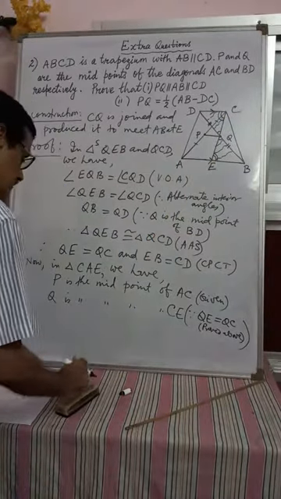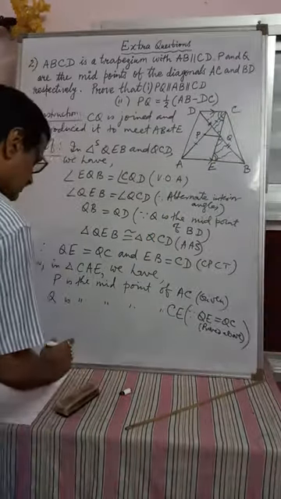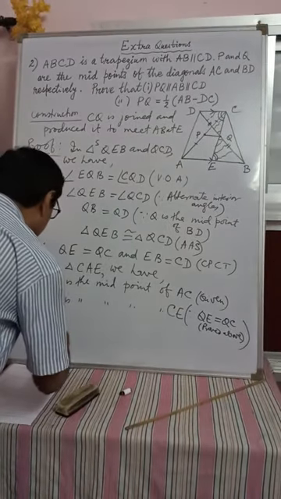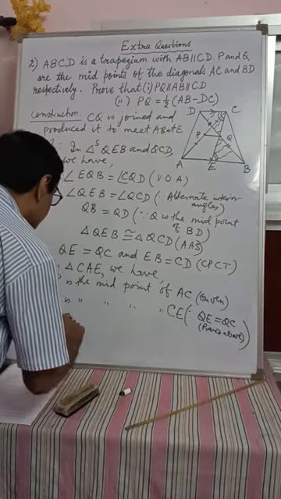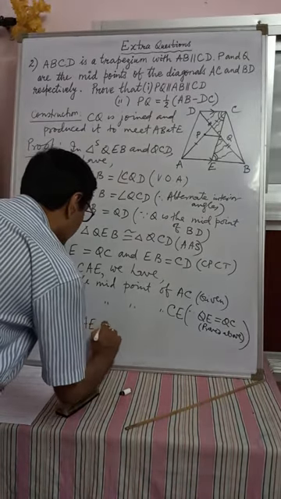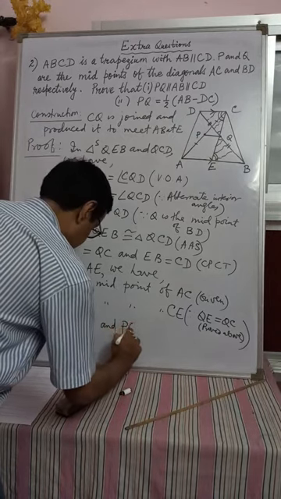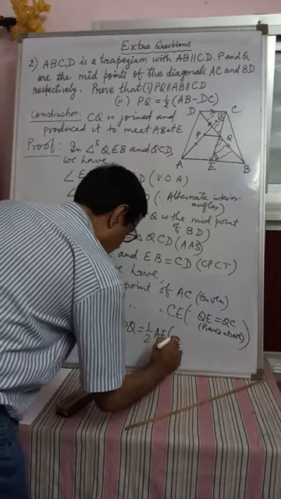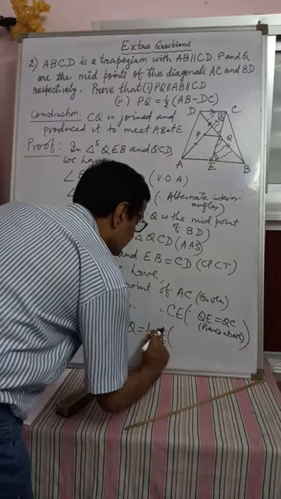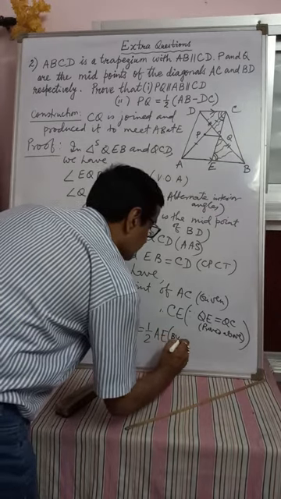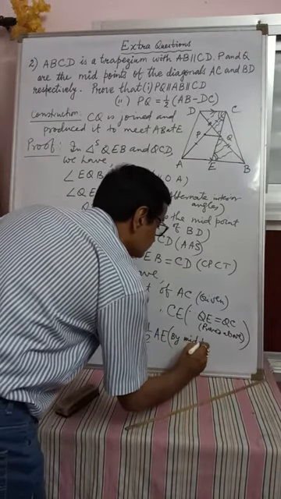Therefore, by midpoint theorem we can say PQ is parallel to AE and PQ is half of AE, by midpoint theorem.